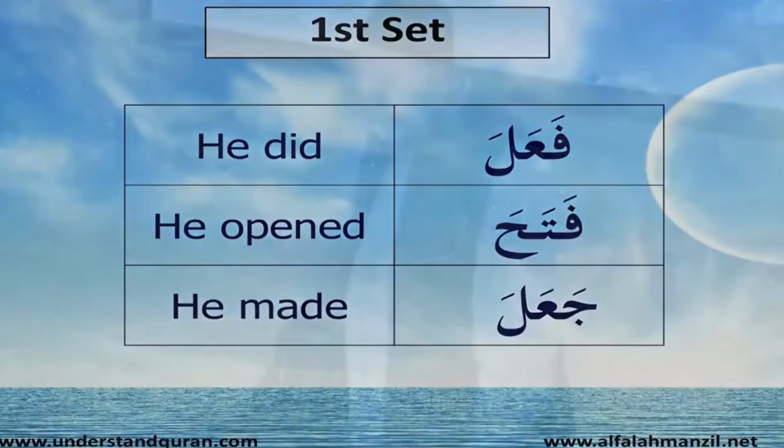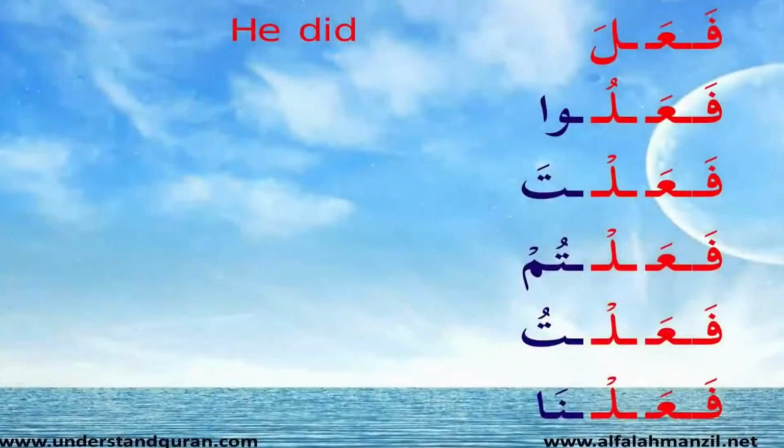Okay, let's take a look. So, fa'ala, fa'alu, look at the red ones and look at the black parts. Anything in English which comes afterwards is called a suffix. If something comes before, it's called a prefix.